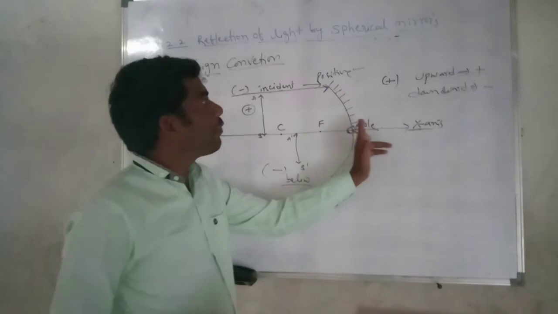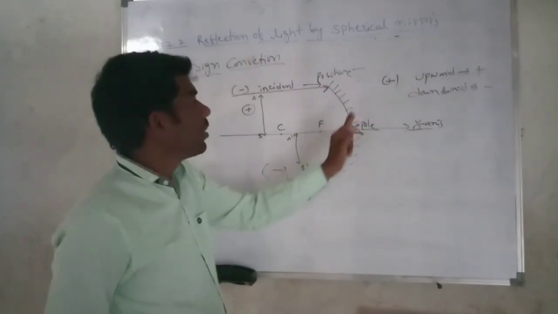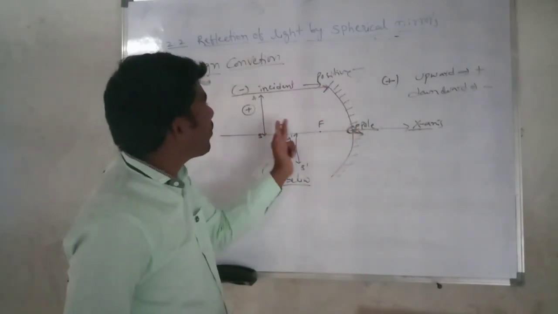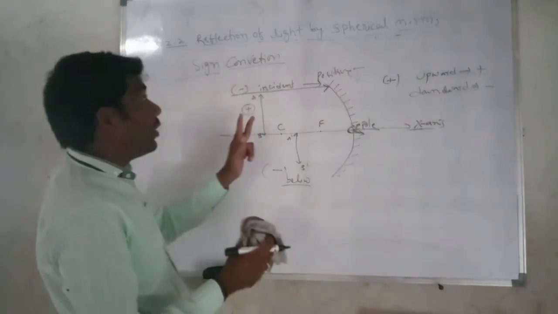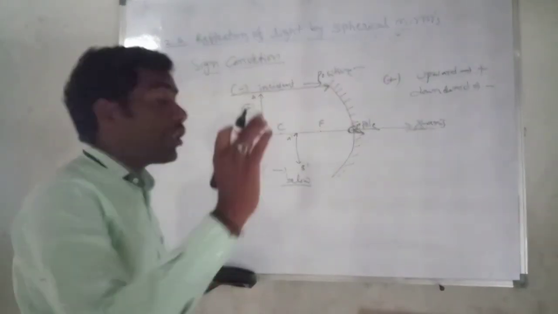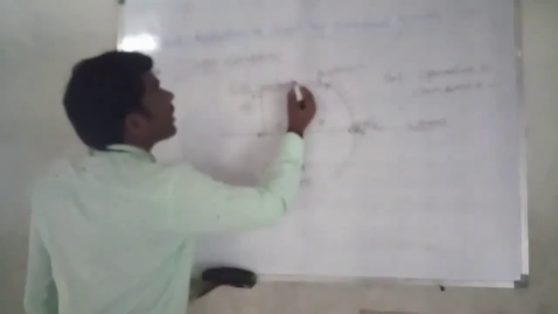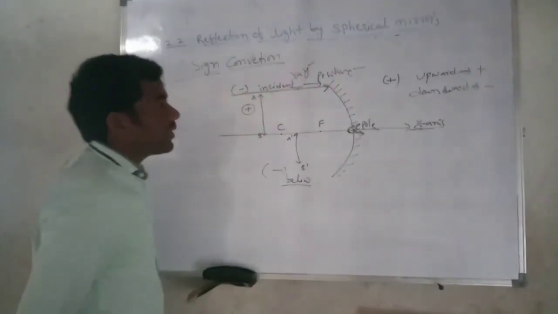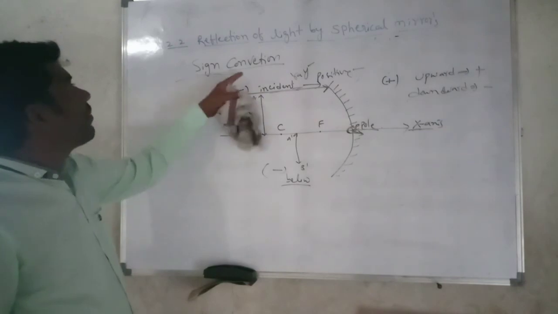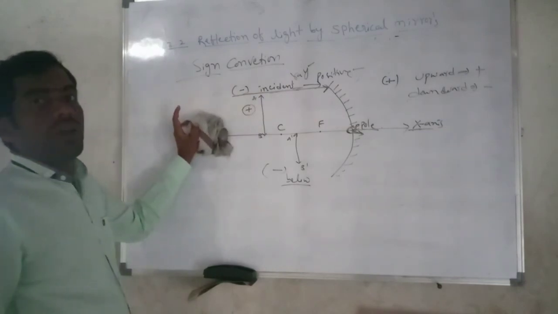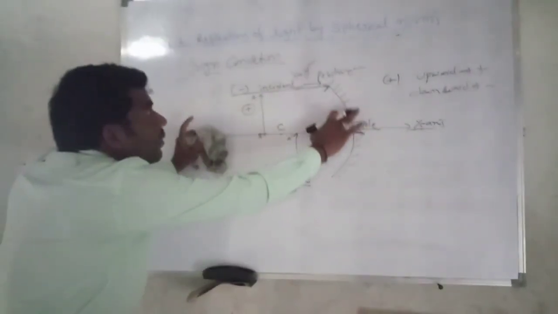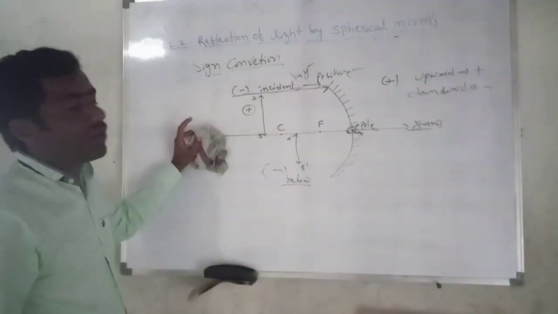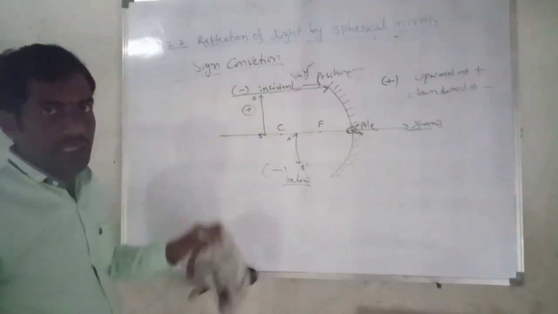Right of the pole is positive, and left of the pole is negative. The direction is referred to the incident ray. This is the most important. This is the sign convention of a spherical mirror. This is this lesson.